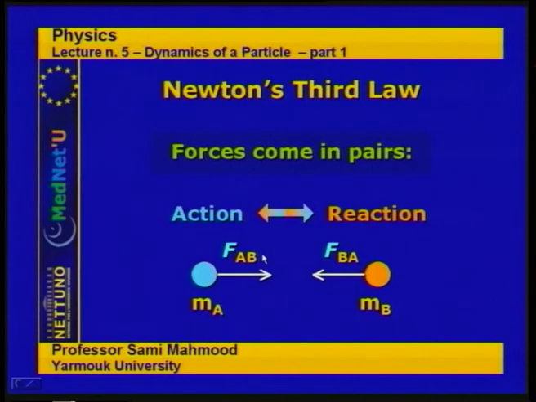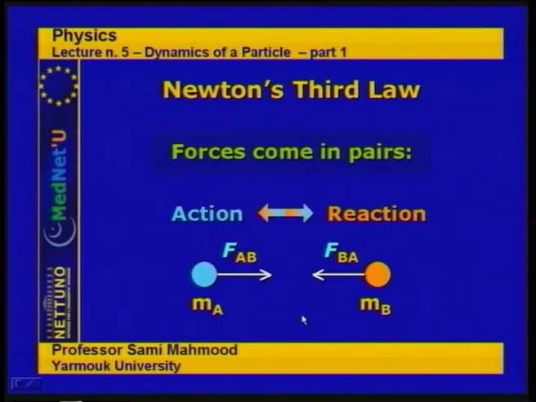F sub AB means the force acting on A due to the effect of body B. And we assumed in this example that this force is an attractive force. We assumed that body B is attracting body A with the force F sub AB.